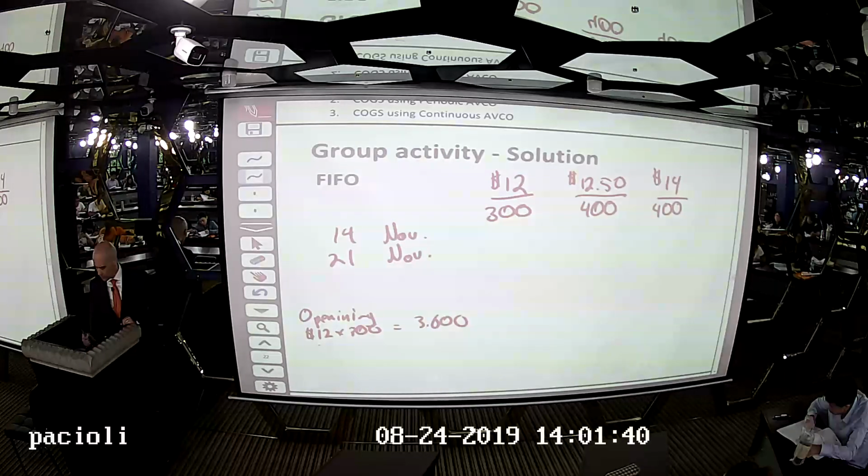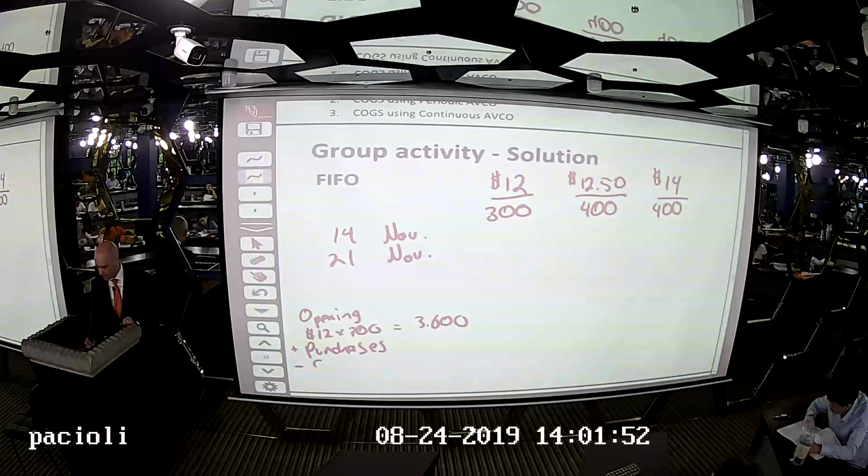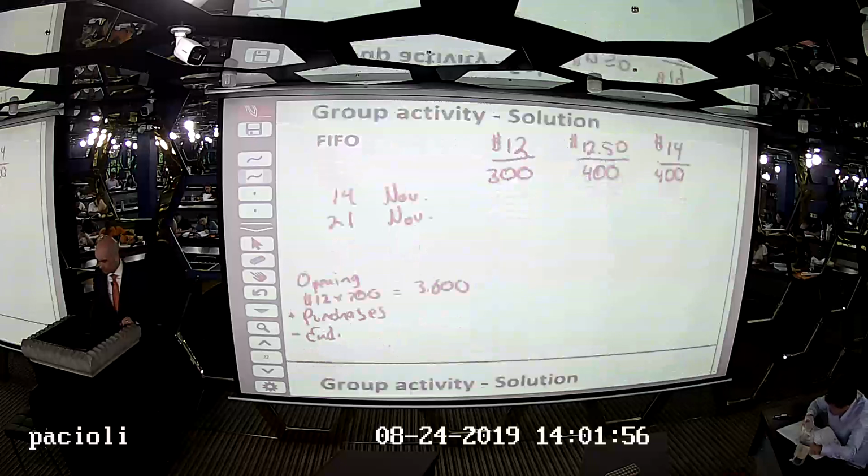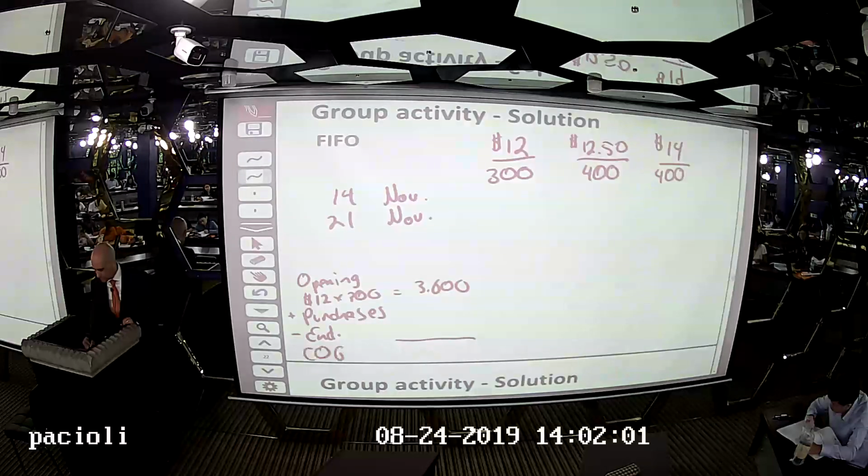So we want to add our purchases, and we want to minus the ending inventory, so that we can get the cost of goods sold.